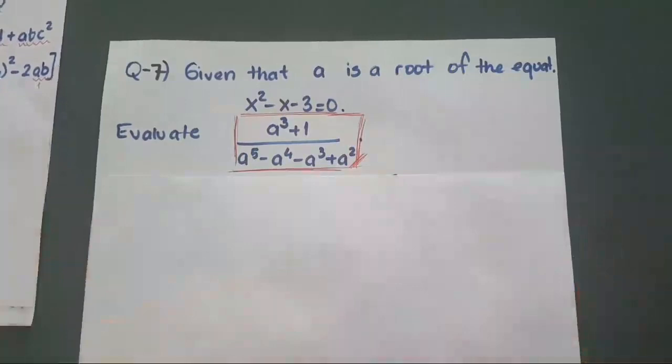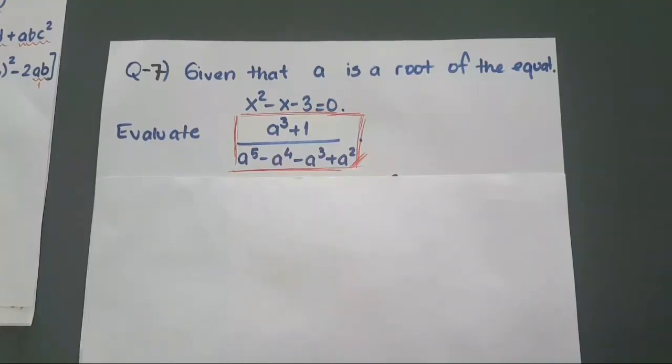Given that a is a root of the equation x squared minus x minus 3 is equal to 0, evaluate a cubed plus 1 over a to the power of 5 minus a to the power of 4 minus a cubed plus a squared. I think this is a nice question as well.